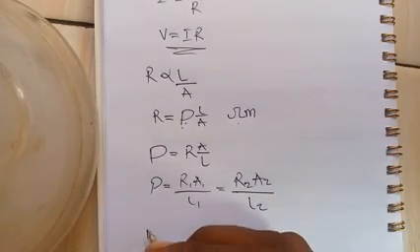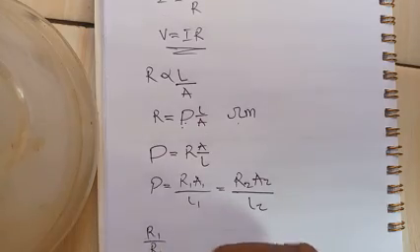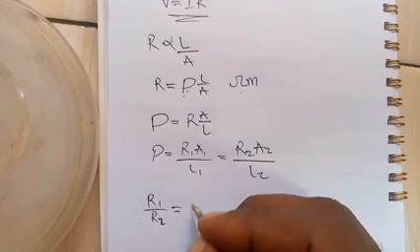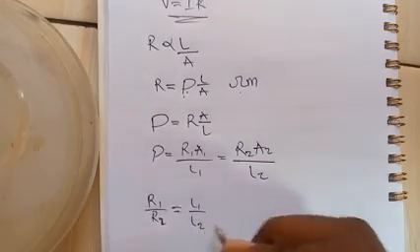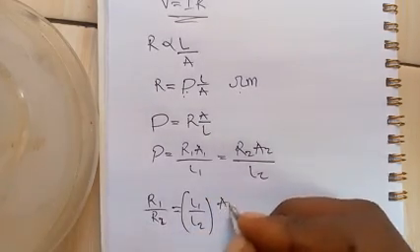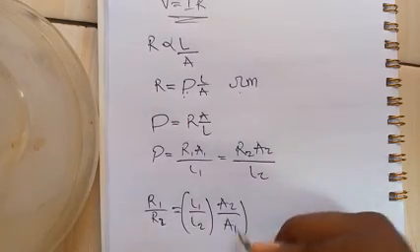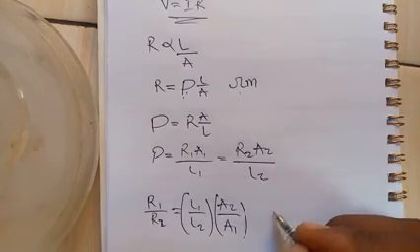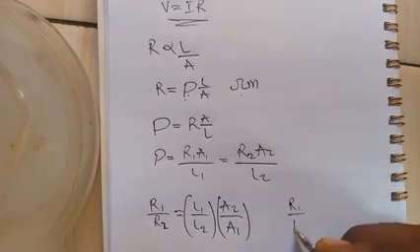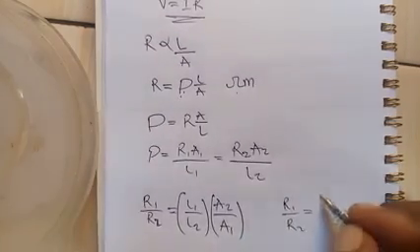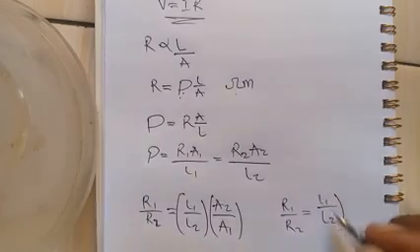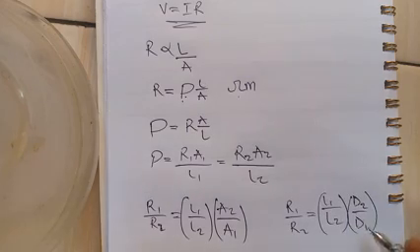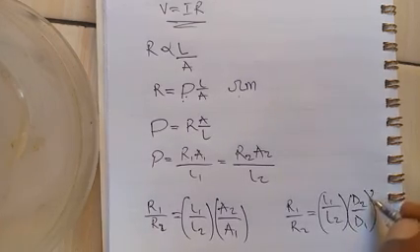Therefore, R1 over R2 is equal to L1 over L2 times A2 over A1. When it is in terms of diameter, we can say that R1 over R2 is equal to L1 over L2 times D2 over D1 inverse, all squared.